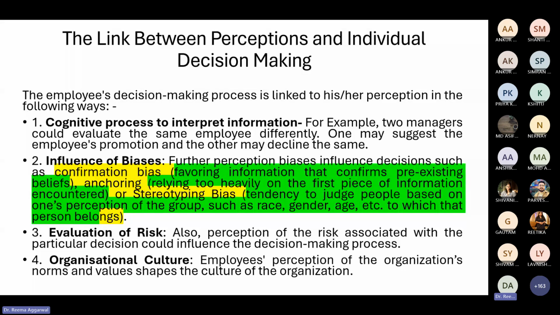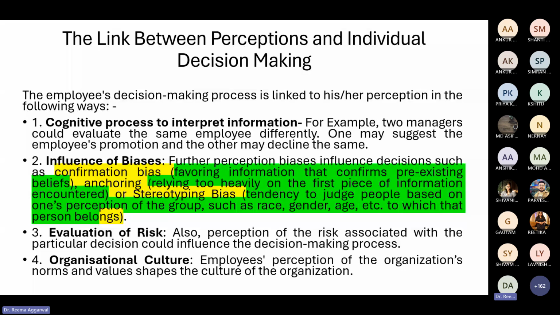Next is evaluation of risk. I hope you all understand that business is all about taking risk, right? But how do you evaluate the risk? The same amount of risk seems more to some and less to others, right? So the perception of the risk associated with a particular decision could also influence your decision-making process. Last is organizational culture.